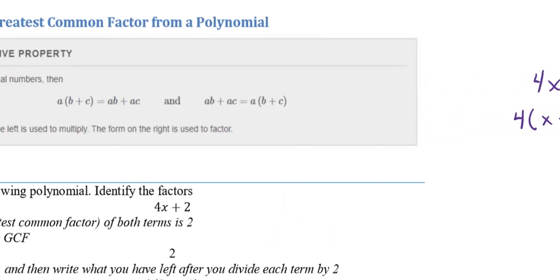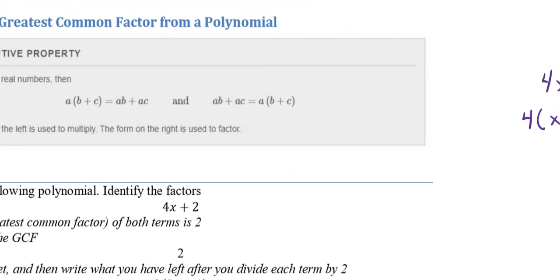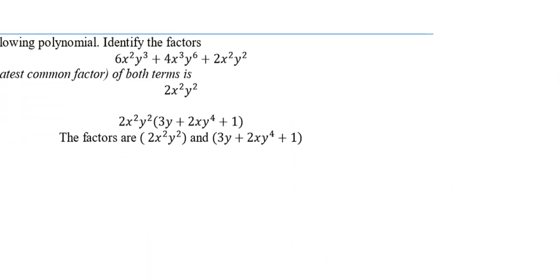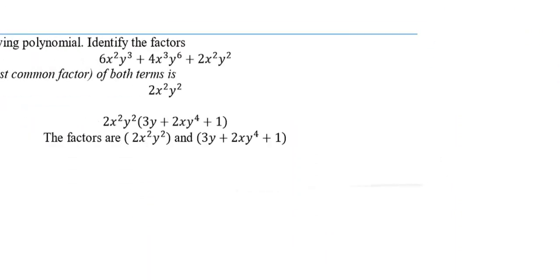Okay, these ones aren't too bad at all, and then they can just get more complicated. So there's a good example you guys can use for your reference, but let's do another one.